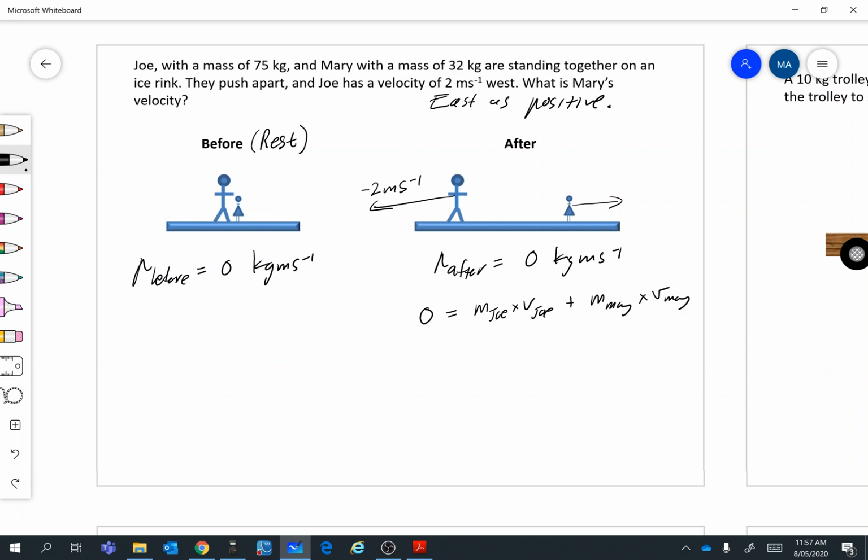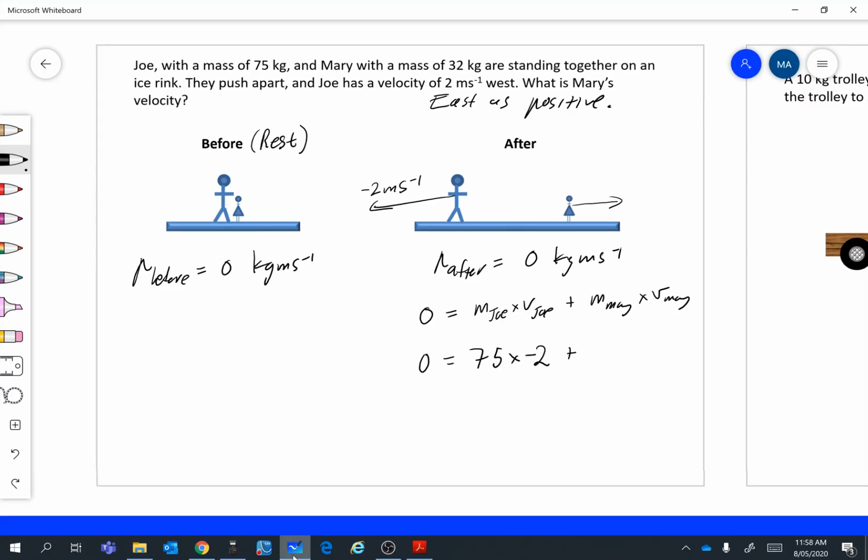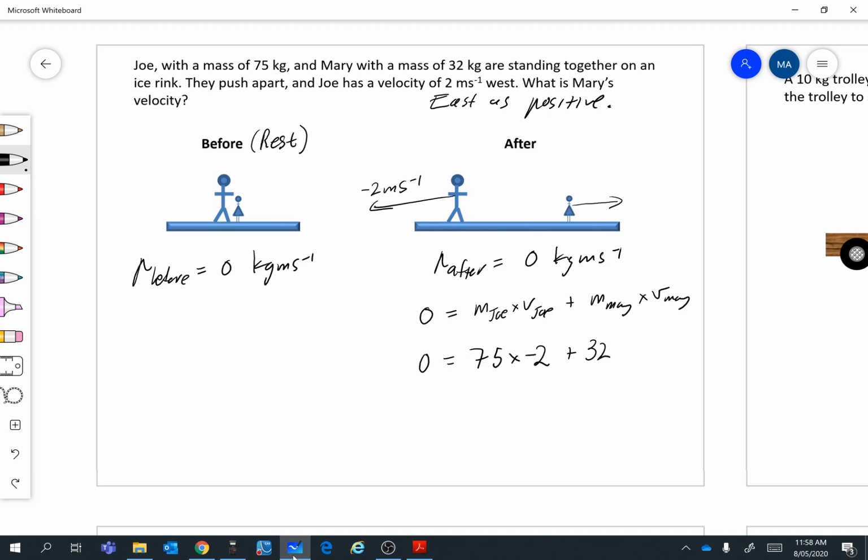Okay, so Joe's mass is 75 kilos. We've said that east is positive, so he has negative velocity. The mass of Mary is 32 kilograms, and her velocity is what we're trying to find. So I'll just call that VM for velocity of Mary from now on.